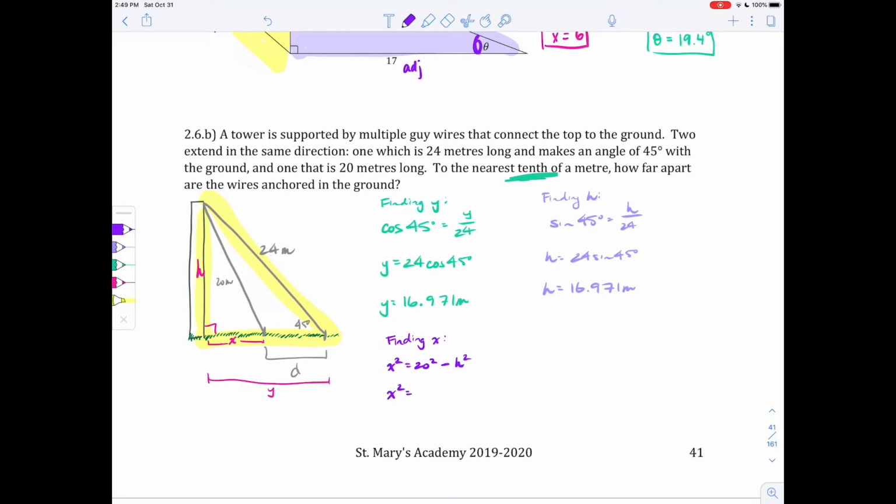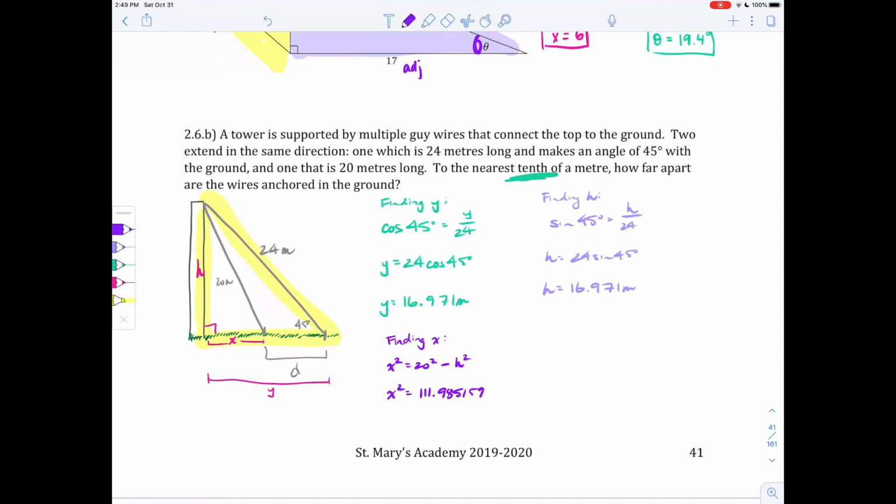Plugging those things in, I get x squared to be like 111.9851559. That's having plugged in 20 squared minus this number squared into my calculator.